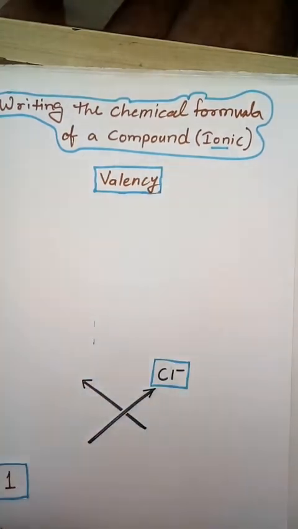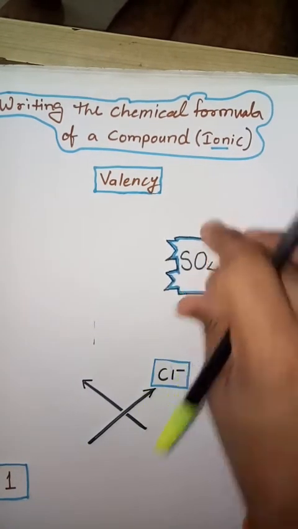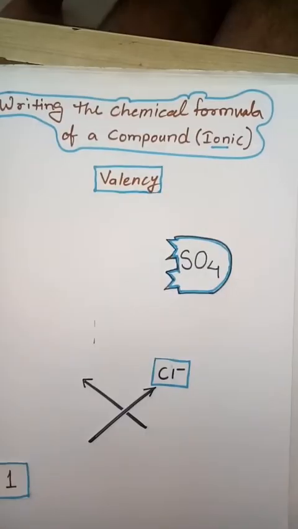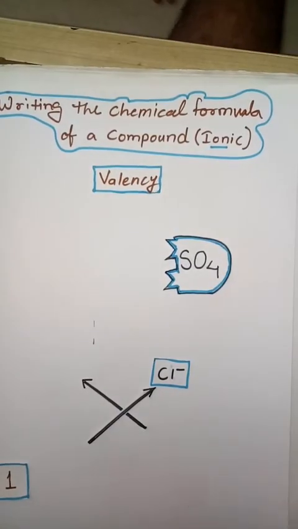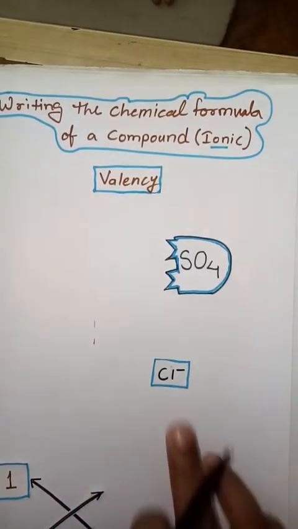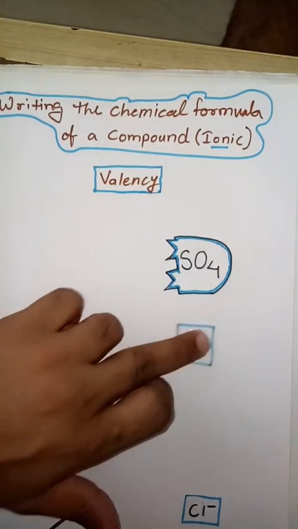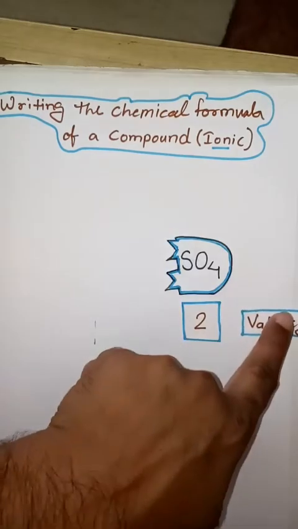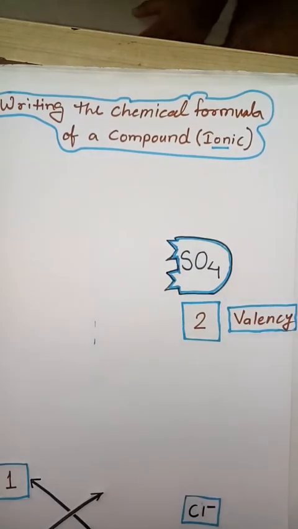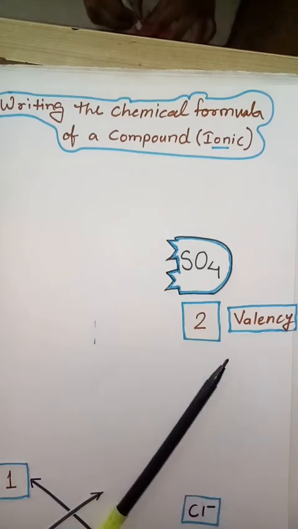Let's see if I have the sulfate ion, or sulfate radical, SO4. Its valency is 2 here, so it takes up 2 electrons to satisfy itself, or maybe donate those 2 electrons extra.